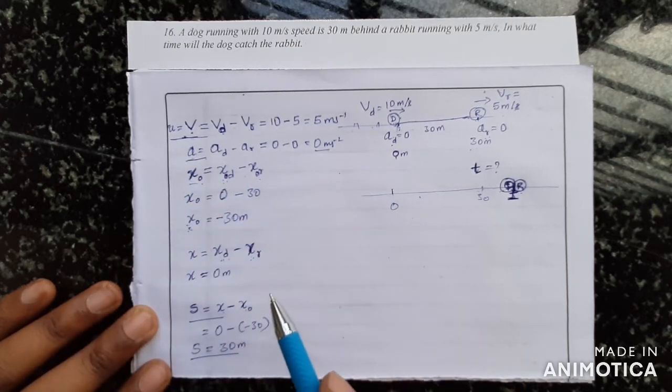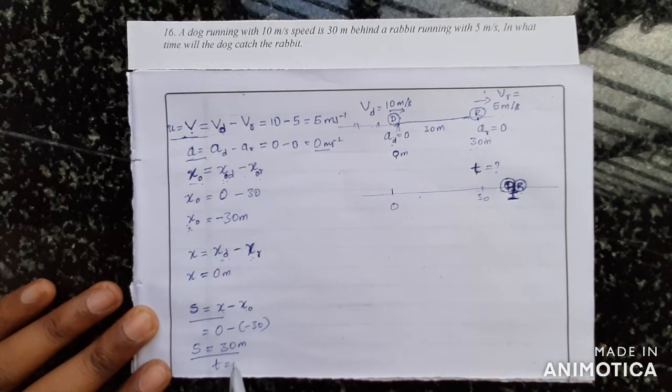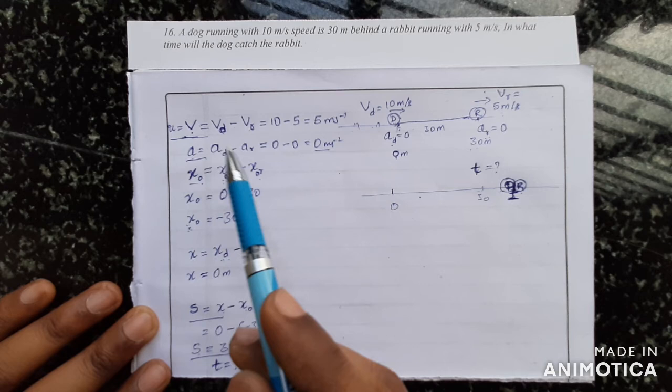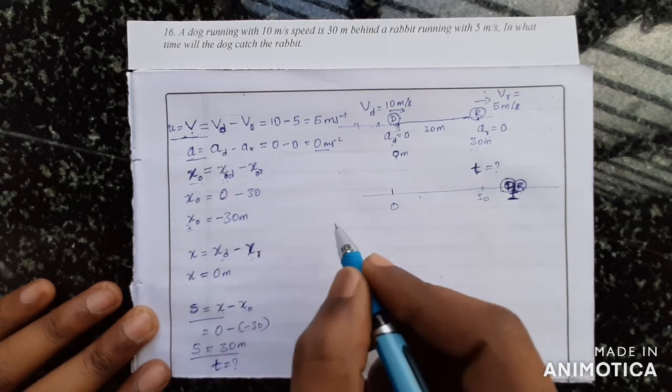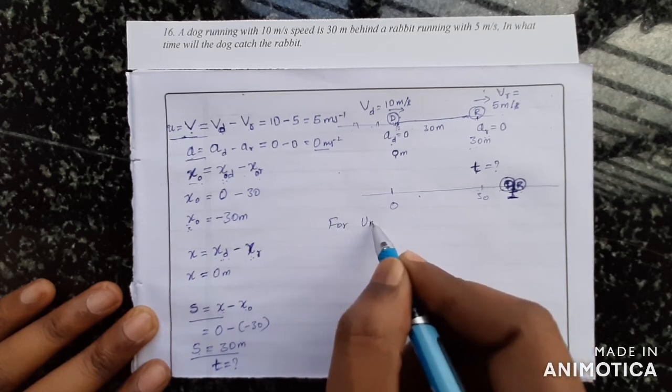What we need to calculate is time, the time for this relative motion. Let us work for time. We need a formula which will connect t, s, u and a. Or else you can directly write for uniform motion.